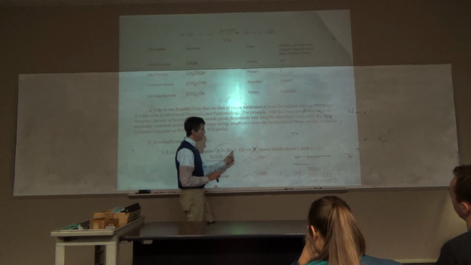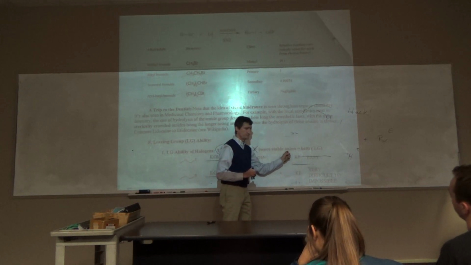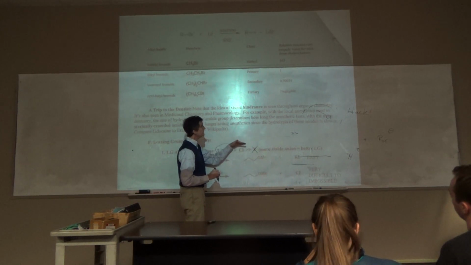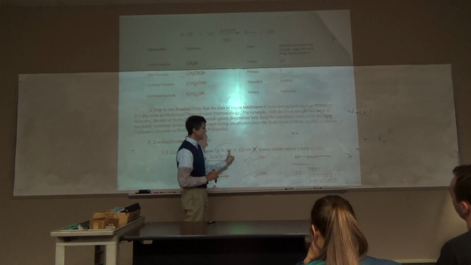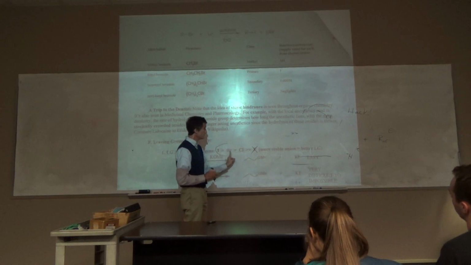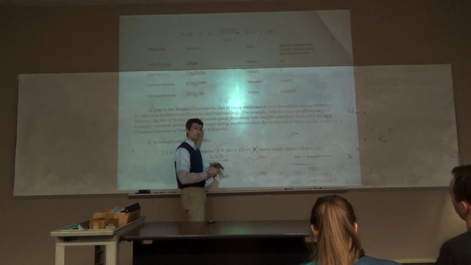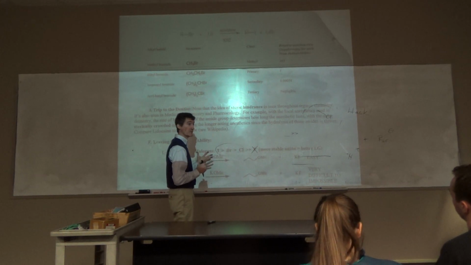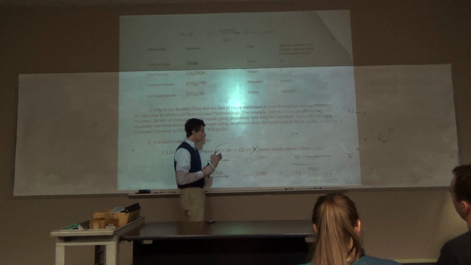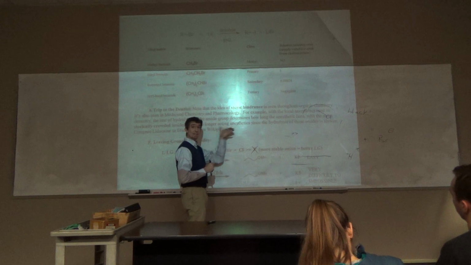This rate largely depends on the stability of the anion. Because when these leave, okay, they become anions. Well, which anion is most stable? I minus, because it's larger. Okay? So this makes sense. This is more willing to become an anion. It's more willing to leave.